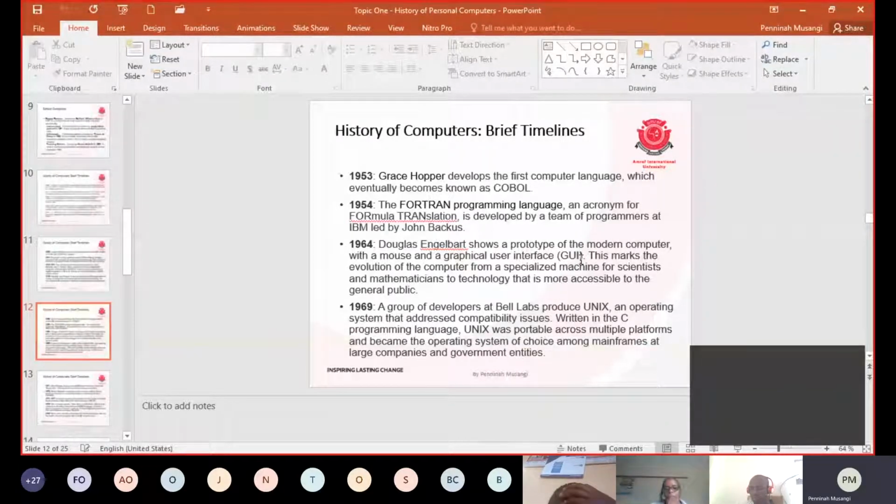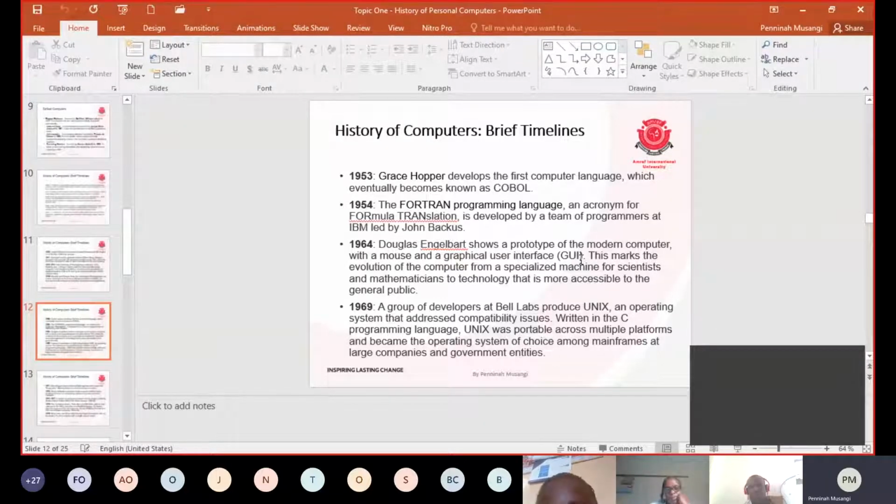But now it was possible for a computer to be used by a non-scientist, by a non-mathematician. So technology was now more accessible to the general public, because it was easy to navigate thanks to the graphical user interface.